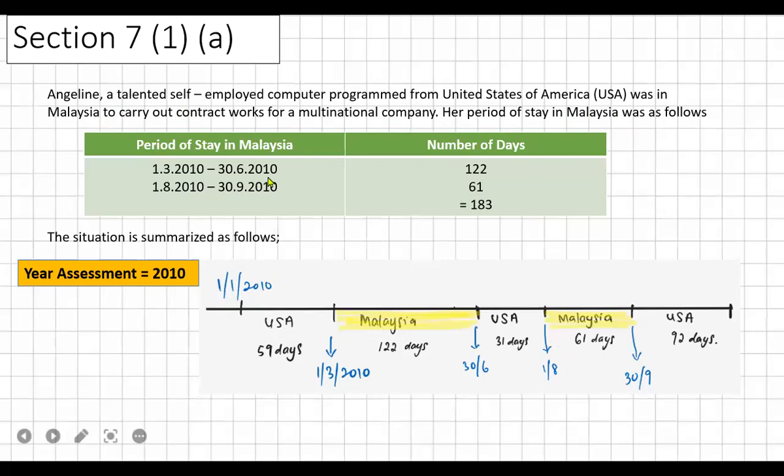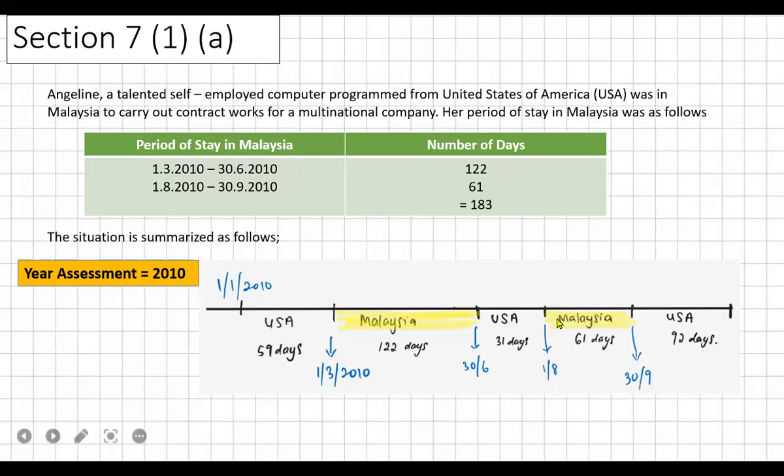Her period of stay in Malaysia was as follows: from 1st March 2010 to 30th June 2010, and then another one from August until 30th September 2010. So you have to calculate separately, because until 30th June she maybe went back to the US, and then came back in August.